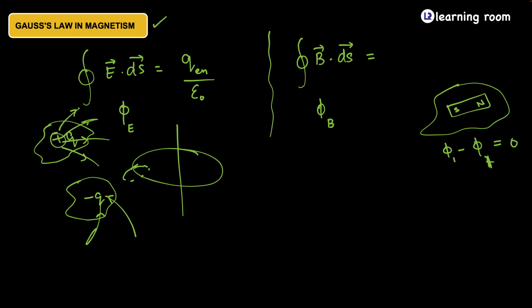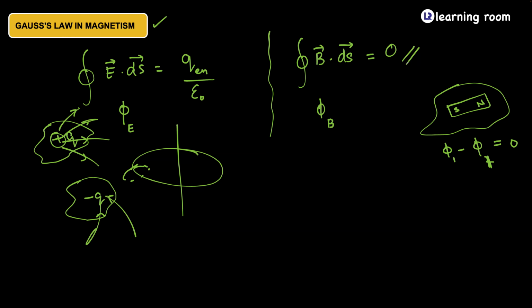So the total value is going to be 0. When you define Gauss law for electrostatics, the total flux is equal to the charge enclosed divided by epsilon naught. Whereas for Gauss law for magnetism, the total flux through the Gaussian surface is always 0. This is the statement of Gauss law in magnetism.